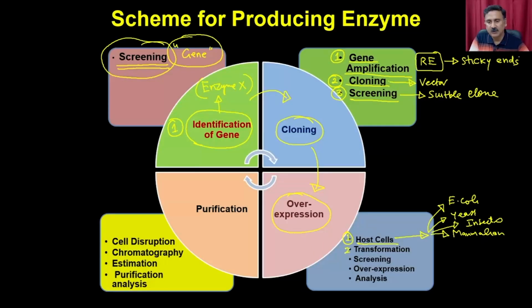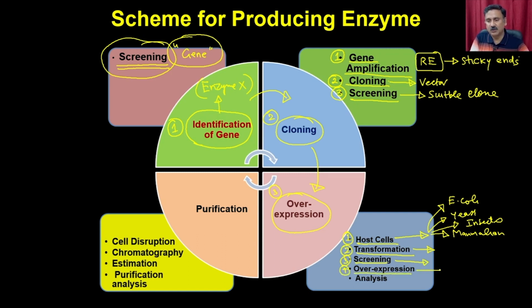Then once you have selected the host, you are going to do the transformation of this particular clone that you produced in step number 2. Once you do the transformation, after that again you have to do a screening, to select the suitable transformed clone, and then you are going to do overexpression.